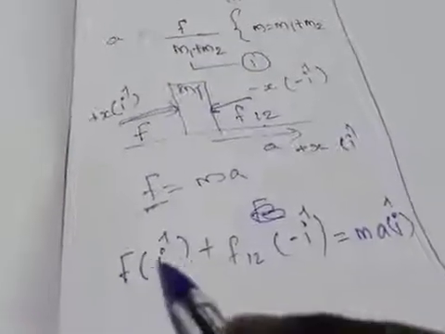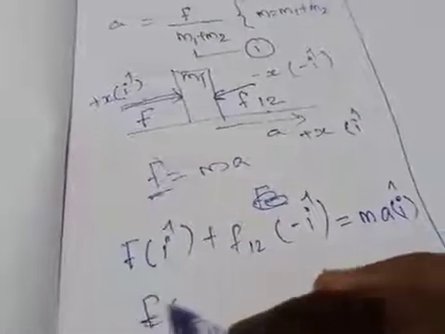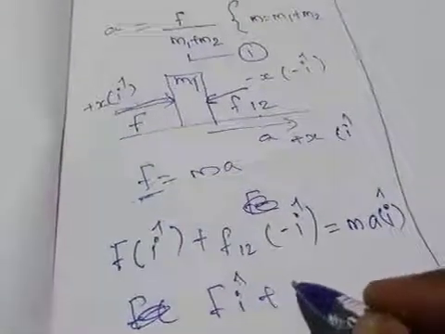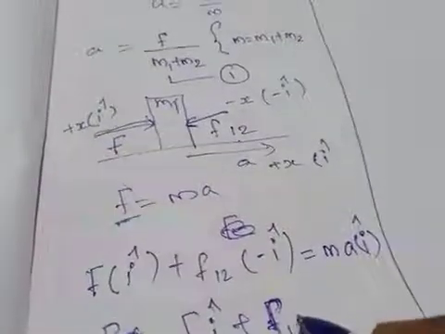Now you see, you can write this equation: F i unit vector plus F12 (the force on mass 1 due to mass 2).